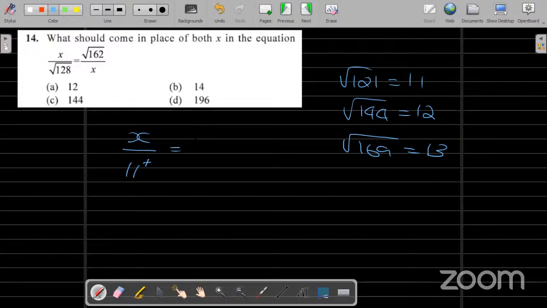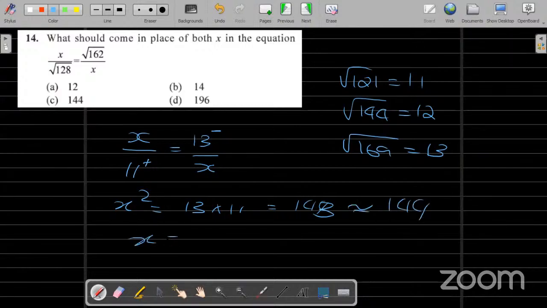Root of 162 is slightly less than 13, divided by x. So I'll get x square equals 13 into 11, approximately 143. 143 is approximately equal to 144. So x could be root of 144, that is 12.